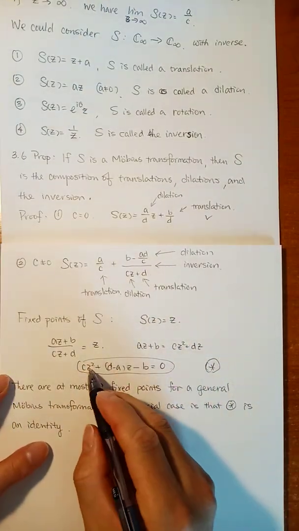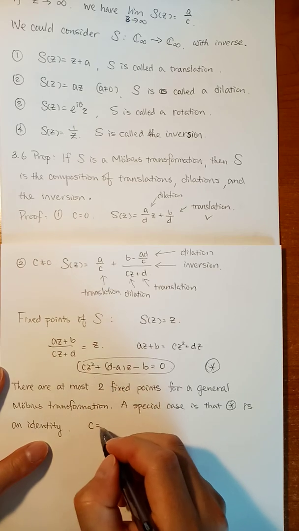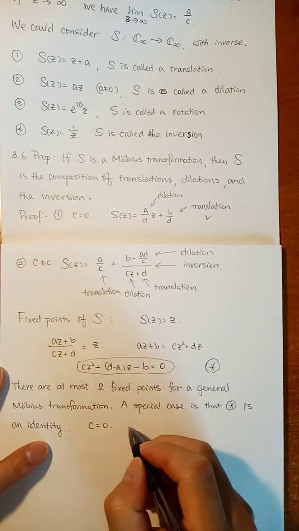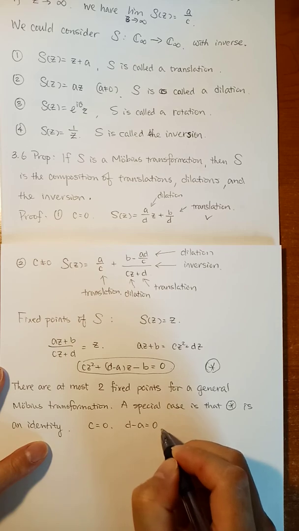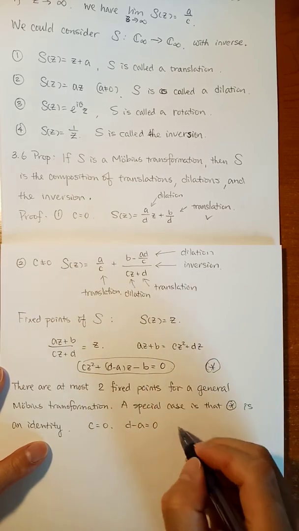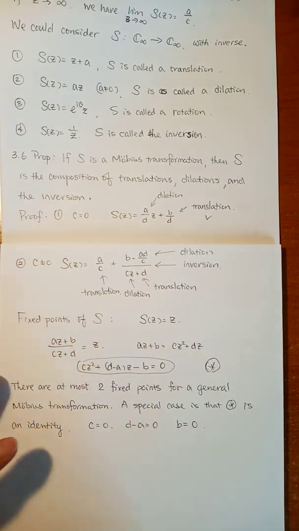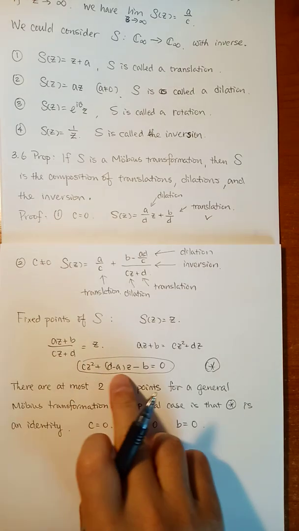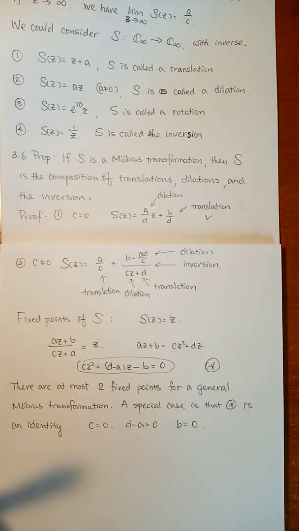Identity means it's not quadratic. It's not linear. And the constant must be 0. Right? So if on the left-hand side all the coefficients are 0, then of course this is an identity. It doesn't matter what Z you have.